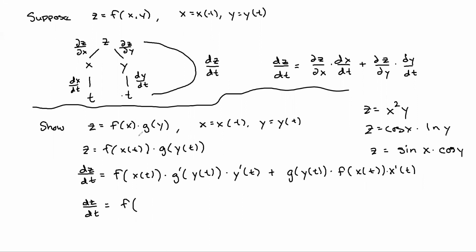First, you take x of t, that's equal to x. So we've got f of x times g prime of y. Y prime would be dy dt. And then we've got g of y times f prime of x times dx dt.